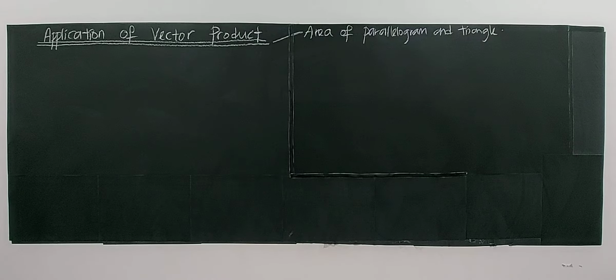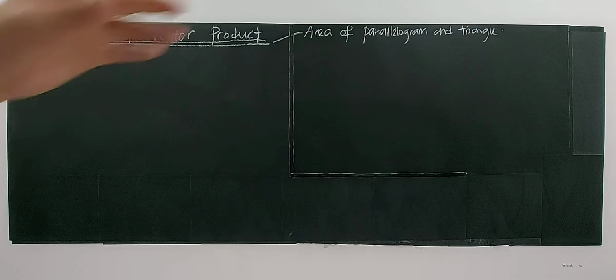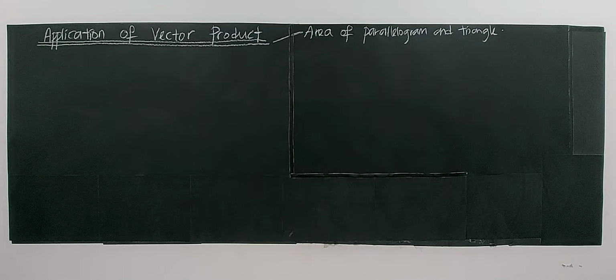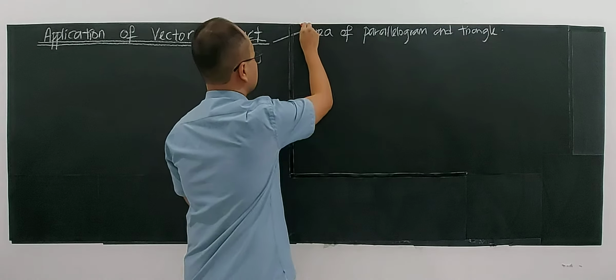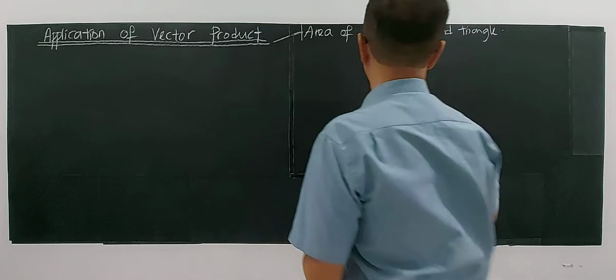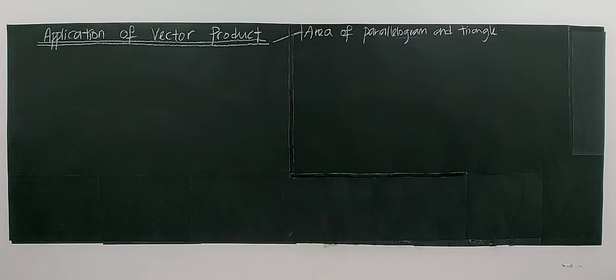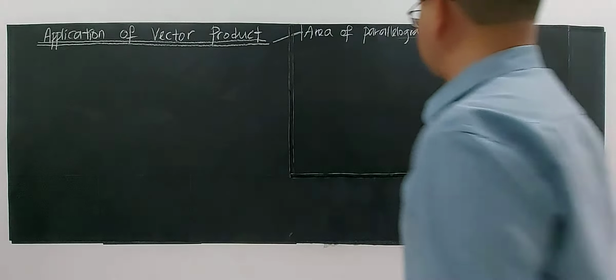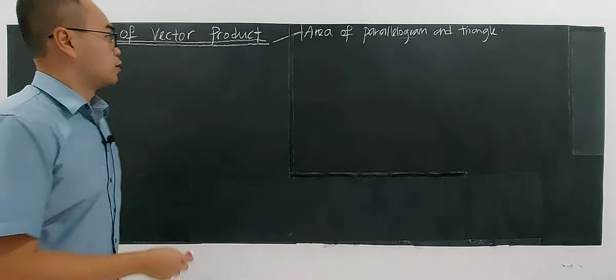In geometry, vectors may apply to the area of a parallelogram and also the volume of a parallelepiped and tetrahedron, but here we are interested in the area of a parallelogram and triangle. So let's see how to find the area of a parallelogram.